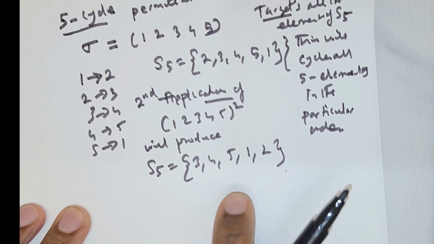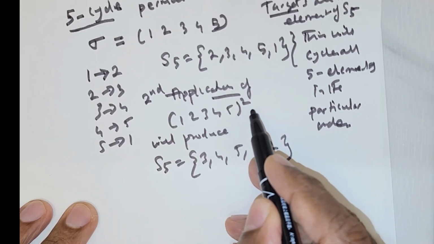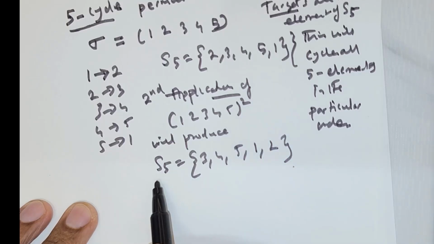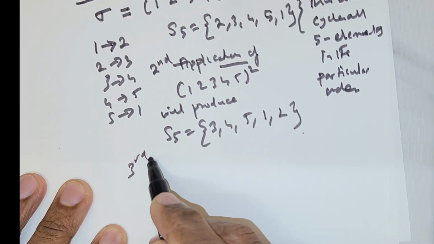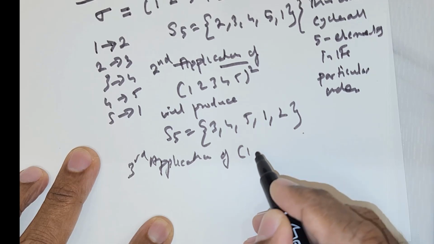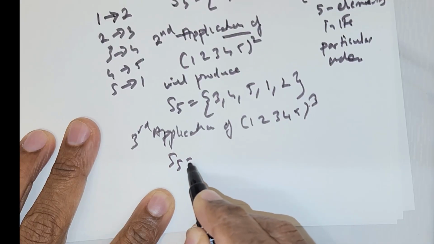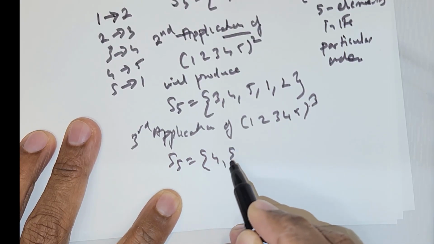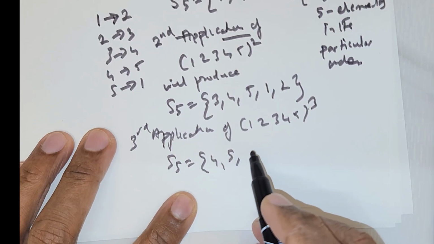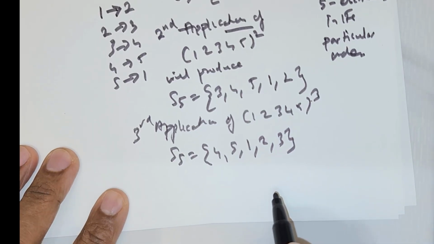So this is my new S5 when (1, 2, 3, 4, 5) raised to the power of 2 is operated on S5. Now the third application of (1, 2, 3, 4, 5) raised to the power of 3 will produce a new S5, which is going to be 4, 5 and 1, 2, 3.